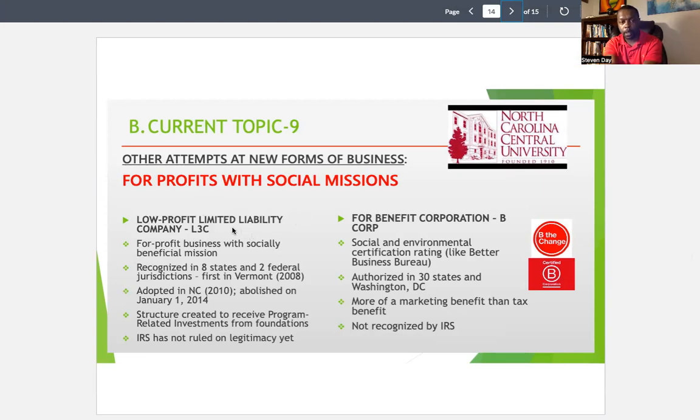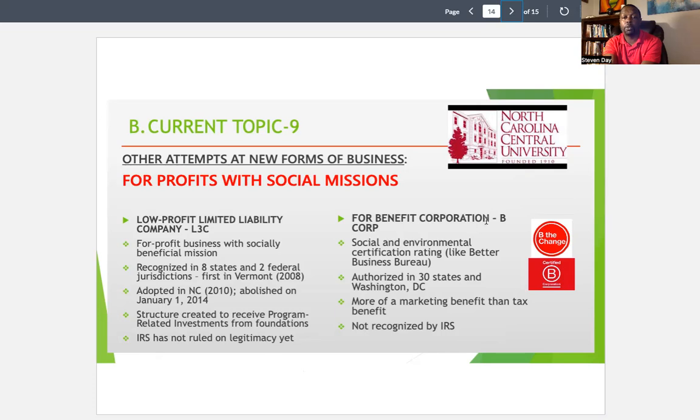In this situation, you have the low-profit limited liability company, the L3C, a for-profit business with a socially driven mission. It's recognized in 8 states and 2 federal jurisdictions, adopted in NC in 2010 and abolished in January 2014. So hopefully we can get that back. The IRS has not ruled on its legitimacy yet, so it's up in the air how legitimate it is.